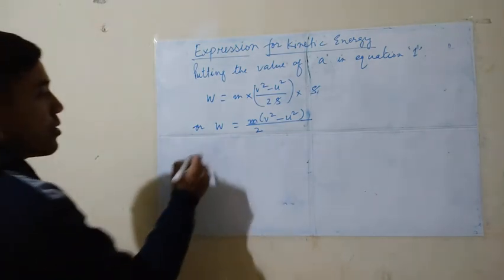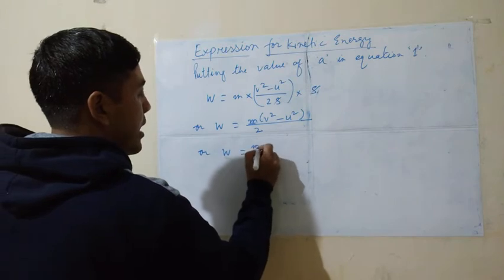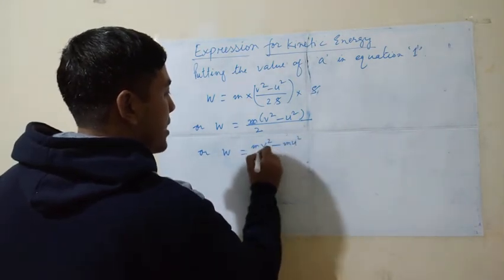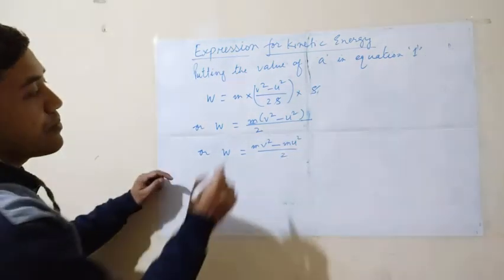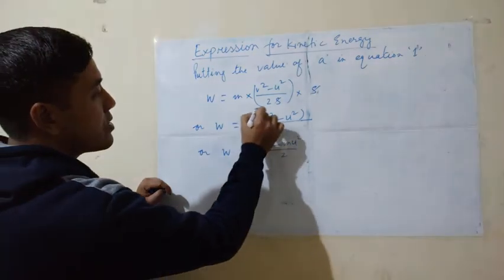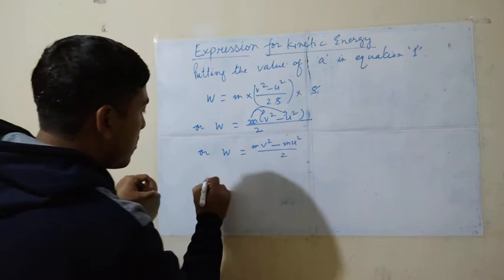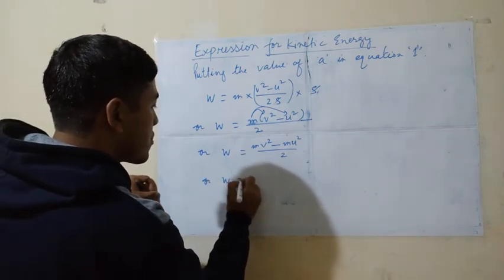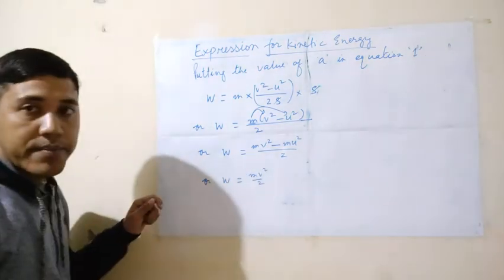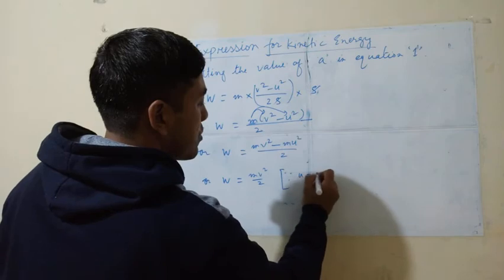Okay? Or we can write it like this: MV square minus MU square by 2. Why? If we divide M in the first in V, it becomes MV square, then MU square. Now W is equal to MV square by 2. Why? Since u is equal to 0.